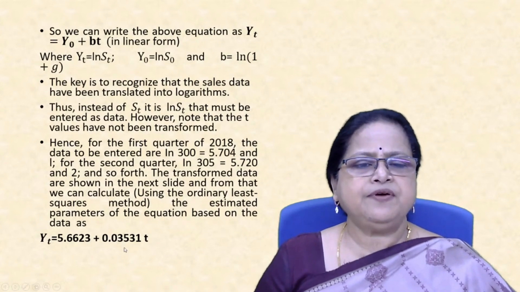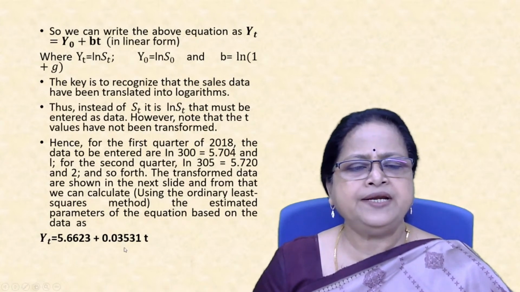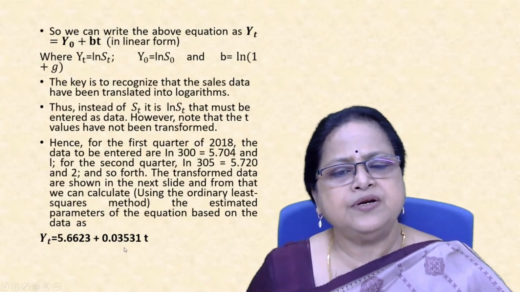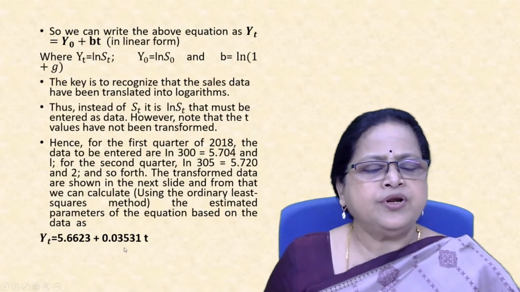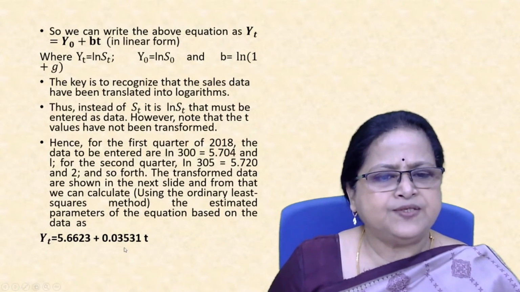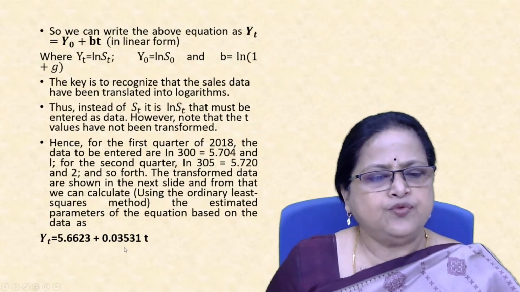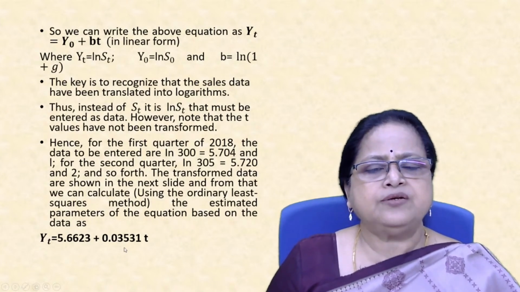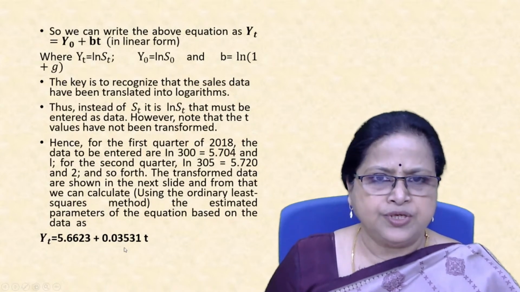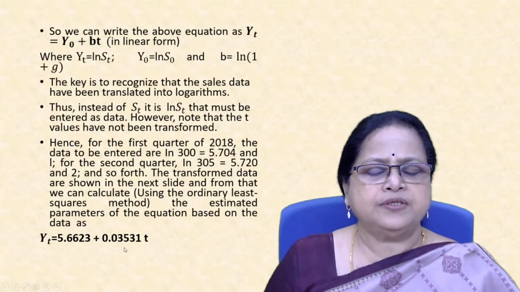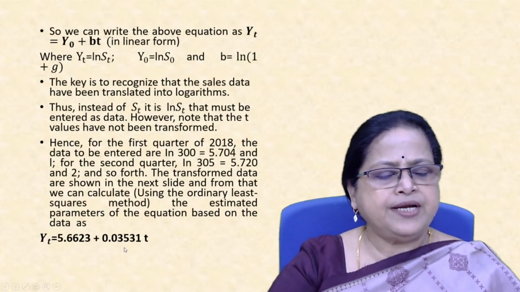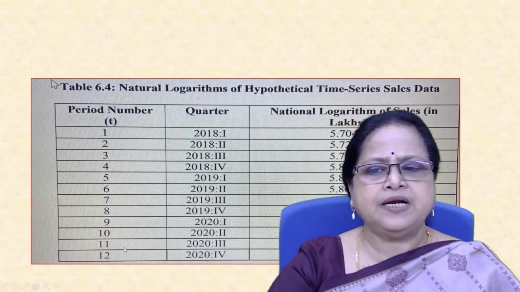So now for the first quarter of 2018, the data to be entered are: natural log 300 is equal to 5.704, and period is 1, so t is equal to 1. For the second quarter, natural log 305 is equal to 5.720, period is 2, t is equal to 2, and so forth. The transformed data are shown here, Y_t.